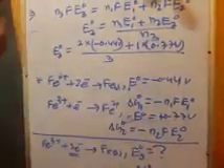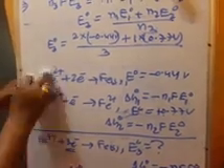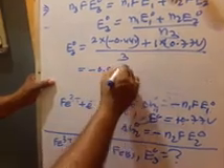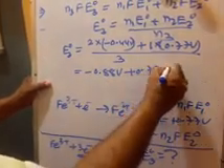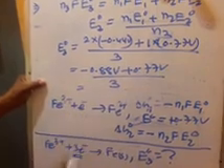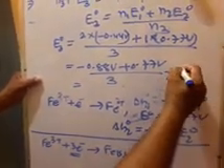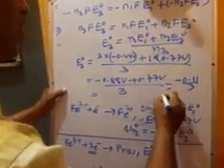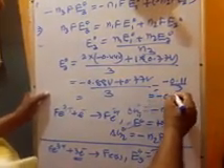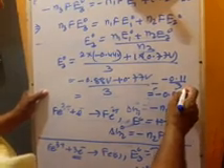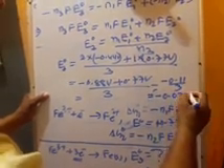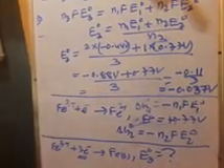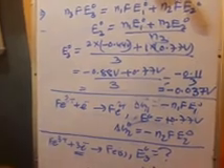So E3° is (−0.88 + 0.77)/3 volt, which is equal to −0.11/3, so equal to −0.037 volt. This is how you can calculate the standard EMF of a combination of reactions.